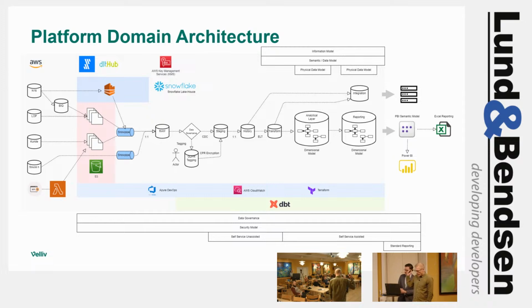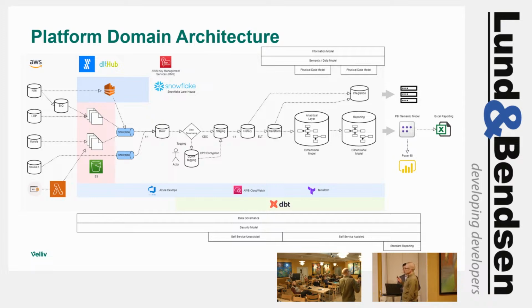Zooming in on a domain could look like something like this. So basically, every domain gets their own area within Snowflake. And we provision all this using Terraform, just as was shown before actually. So whenever a new domain becomes online, we provision around 600 objects in Snowflake using Terraform.